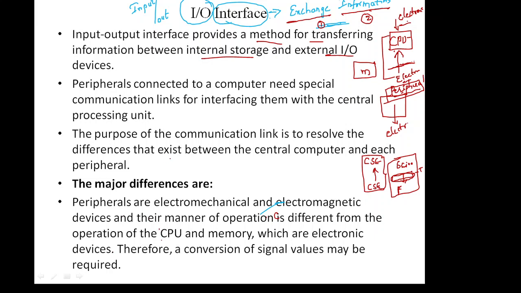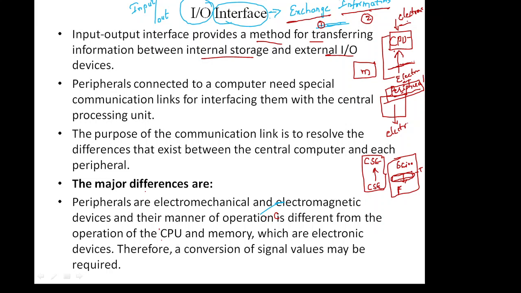But our computer is an electronic machine. These signals are electrochemical, electromagnetic and electromechanical signals, so we can't transfer these signals to the electronic device. There should be a proper medium to transfer these signals to an electronic machine. So that is the difference.